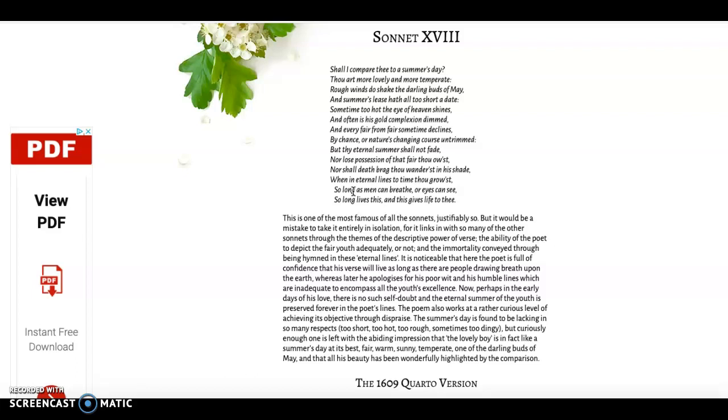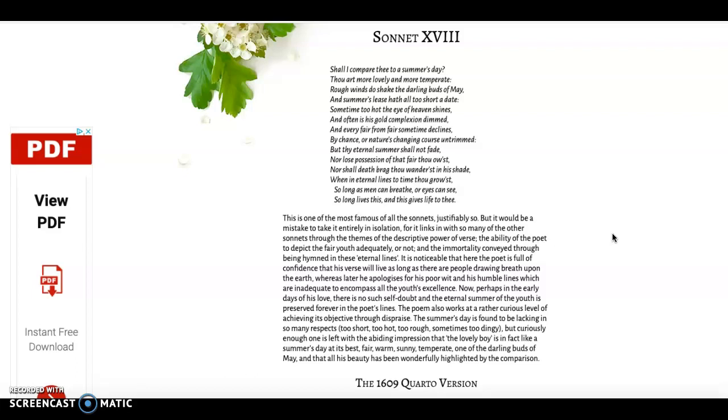But thy eternal summer shall not fade, nor lose possession of that fair thou owest. Nor shall death brag thou wanderest in his shade, when in eternal lines to time thou growest. So long as men can breathe or eyes can see, so long lives this, and this gives life to thee."